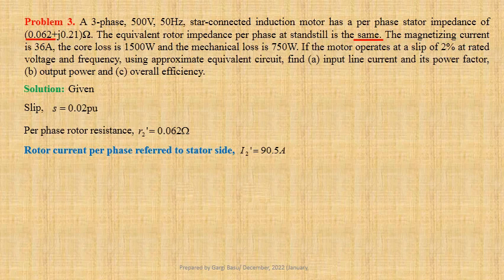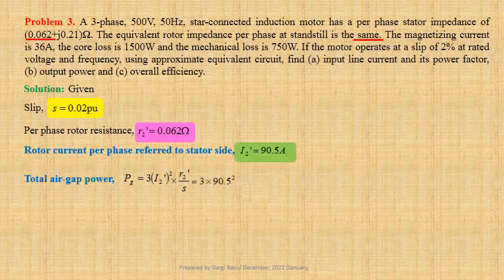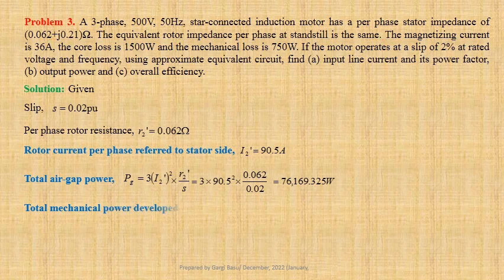For three-phase induction motor, expression for total air gap power Pg equals 3 times I2 dash square into R2 dash by S. Using values, we get 3 into 90.5 square into 0.062 by 0.02, that is equal to 76,169.325 watt.